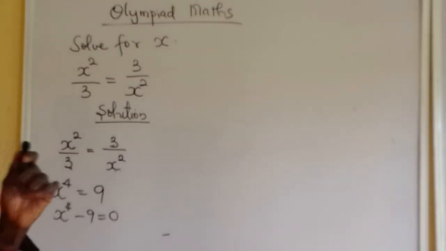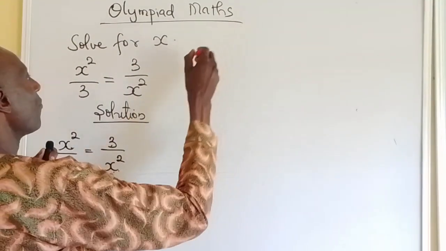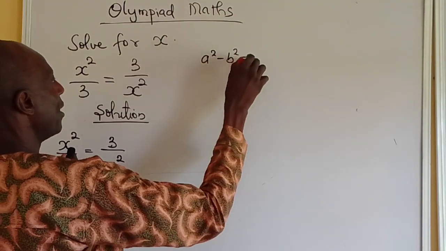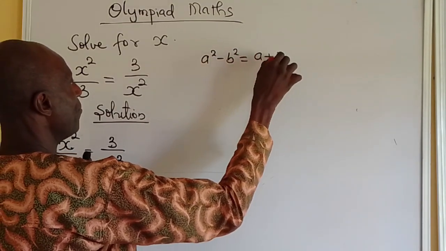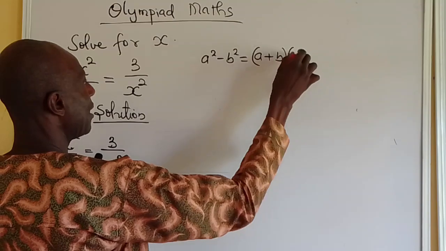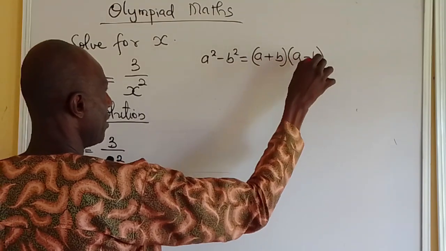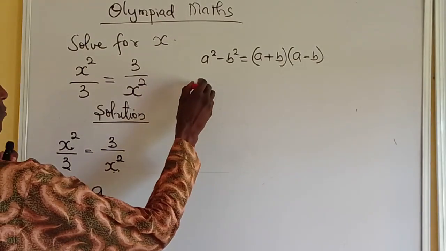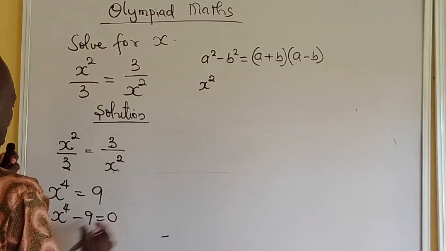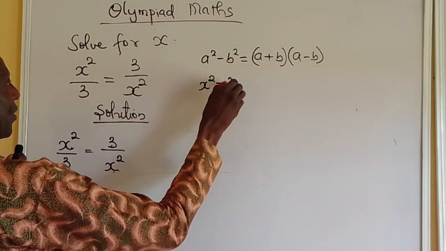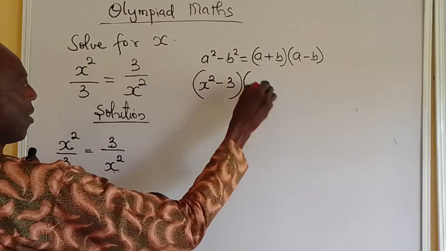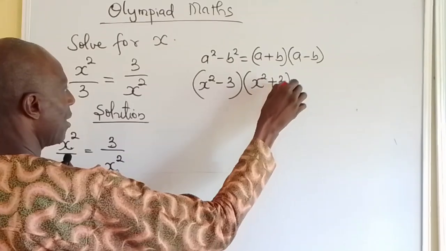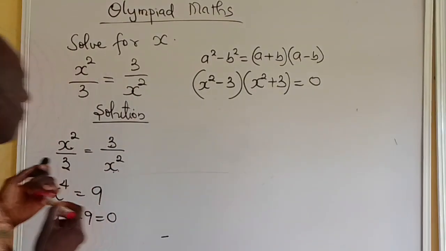So let's apply difference of two squares: a squared minus b squared is a plus b and a minus b. We'll apply it here. So it will be x squared minus 3 and the other will be x squared plus 3 is equal to 0.